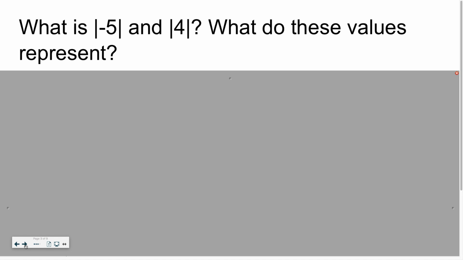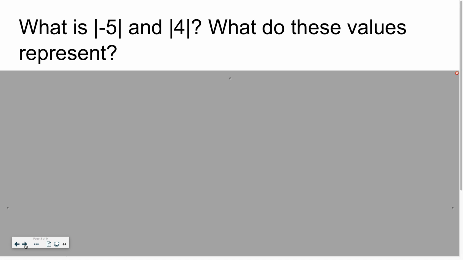All right. Pod 7, what are these values? 5 and 4. Pod 3, what do they represent? What did you say? They are positive numbers. And what do we do that always has to be positive numbers?